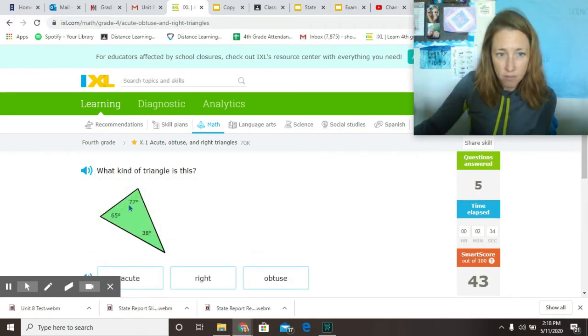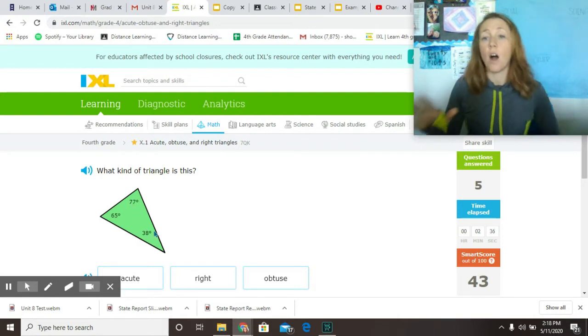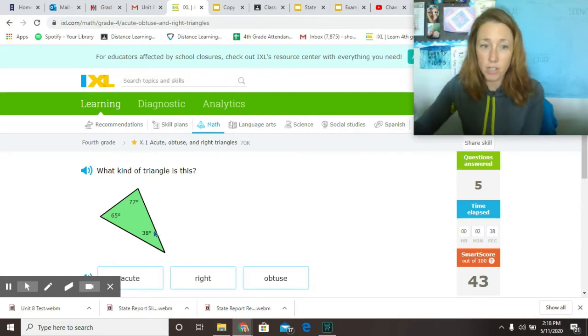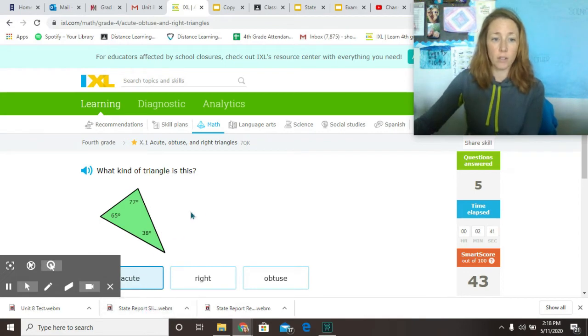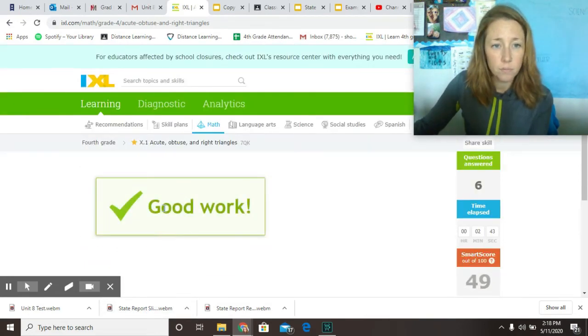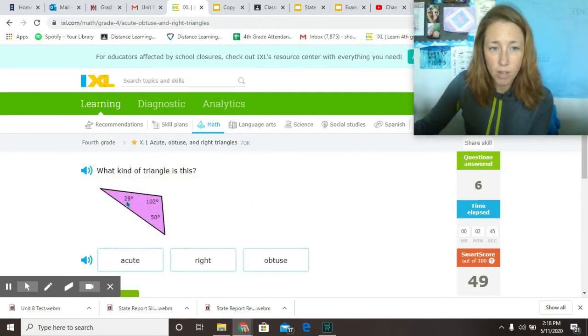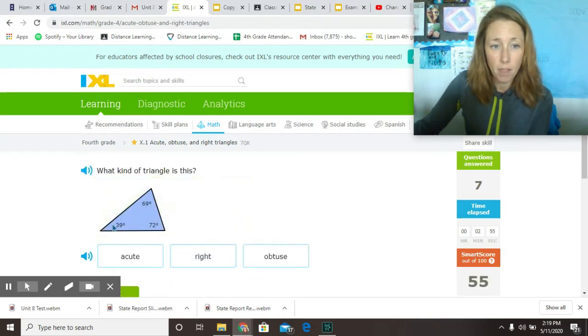This one, I have 65, 77, and 38. All of those angles are less than 90 degrees, so it has to be an acute triangle. This one, I have 28, 102, and 50. 102 is greater than 90, so it's an obtuse triangle. So I'm going to choose that one. This one, if I look at all the angles, are any of them greater than 90?